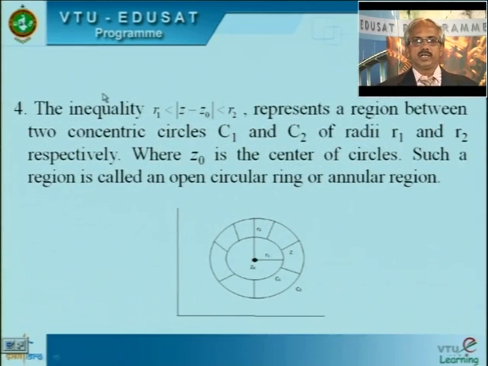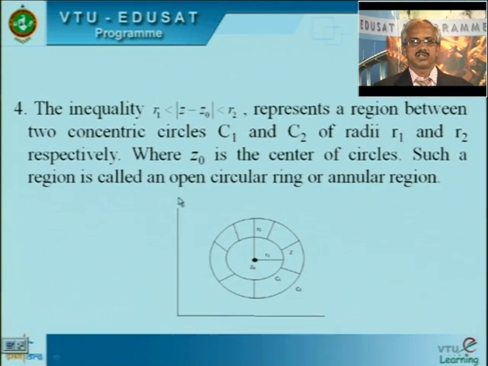And one more inequality which is very useful in solving problems in complex variables: R1 < |z - z0| < R2 represents a region between two concentric circles C1 and C2 of radii R1 and R2 respectively, where z0 is the center of the circles.